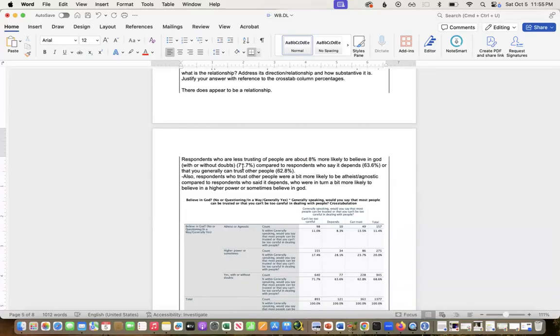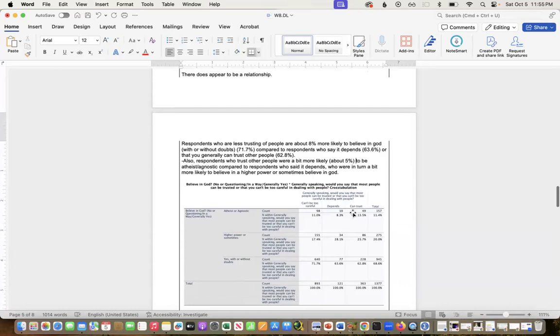So I'm just doing 71.7 minus, so like 72 minus 63, it's like 9%, 72 minus 64 is like 8%. I'm just saying it's around 8%. And then for this last one, I was saying that was about 5% different.